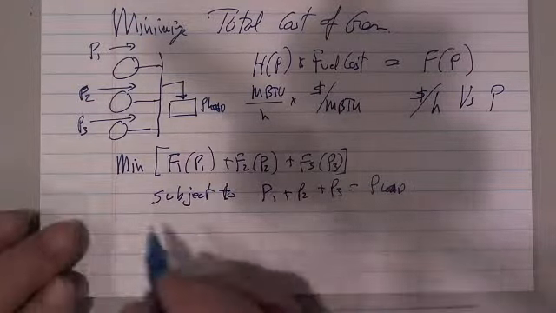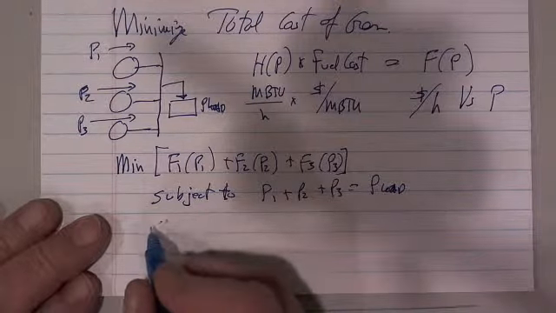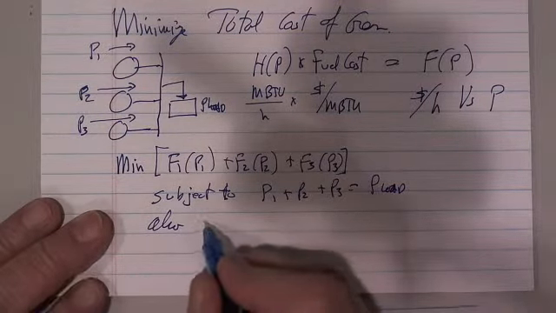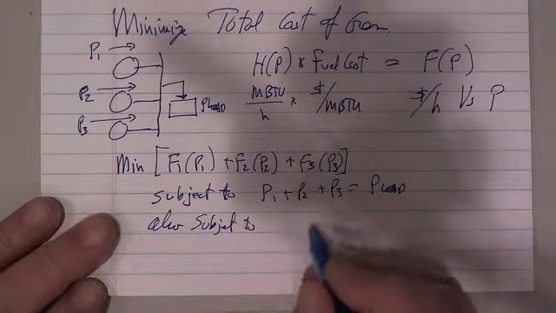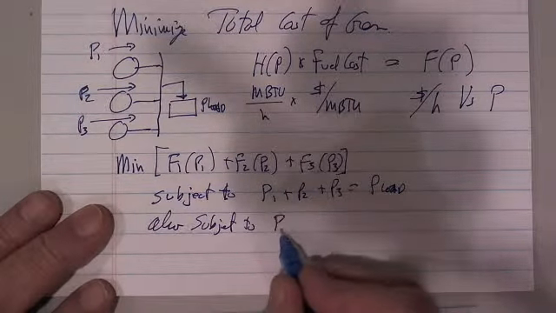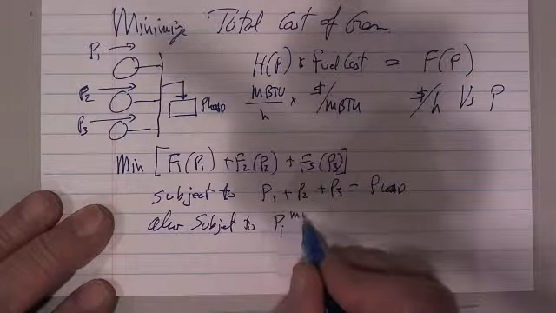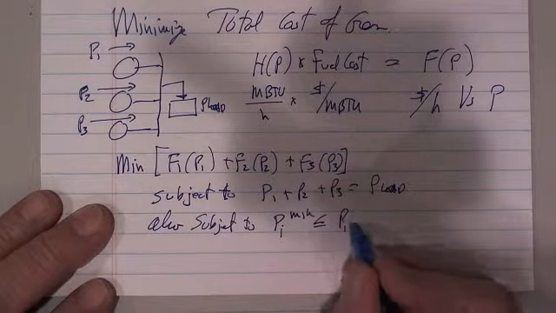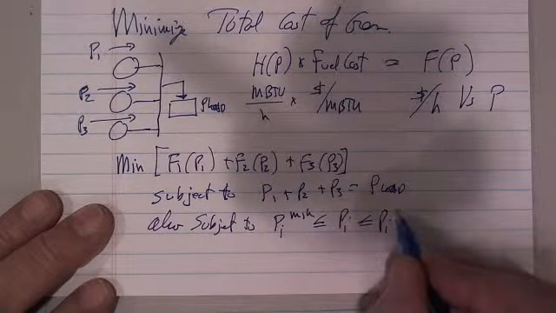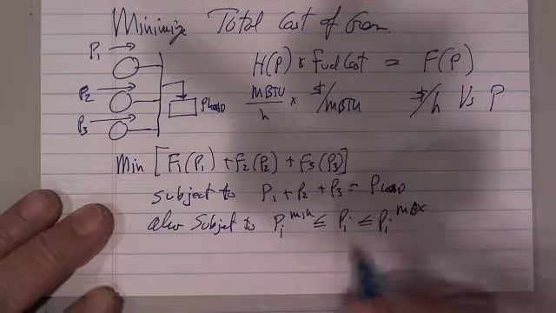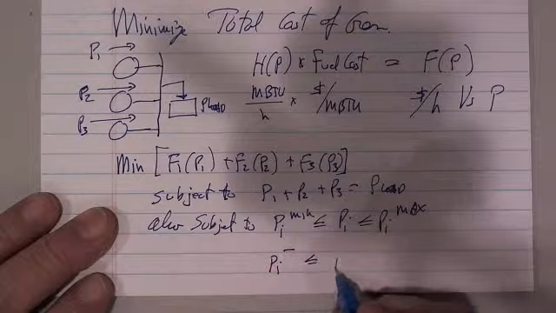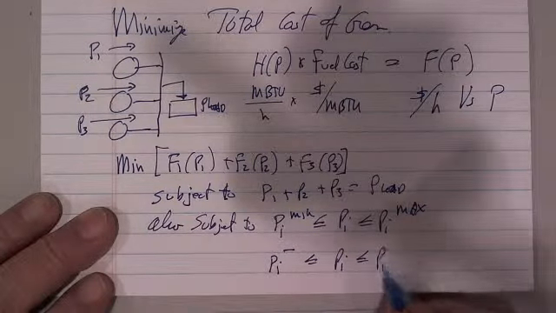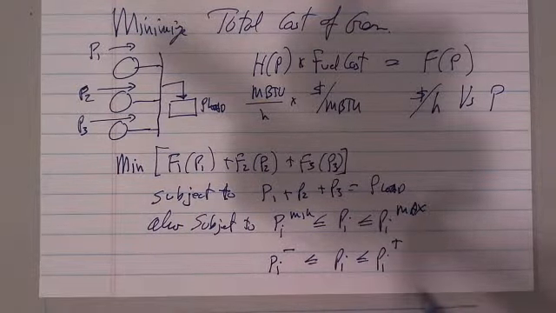Now, there are other conditions that would say also subject to P sub i min less than or equal to P sub i less than or equal to P sub i max. I will often write this as P sub i with a negative there, Pi minus less than or equal to Pi less than or equal to Pi plus. It's a lot quicker to write.